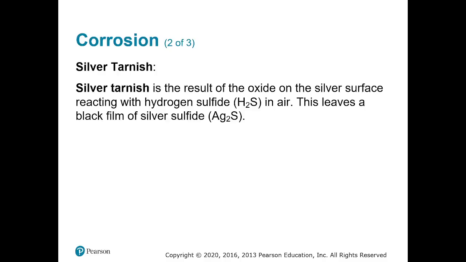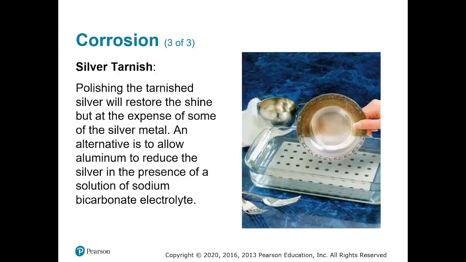So this is going to leave a black film of silver sulfide. This is Ag2S. And right here we actually see some silver tarnish. And down here we've cleaned the silver tarnish, by the way. So when we polish the tarnish, it will actually restore the shine.